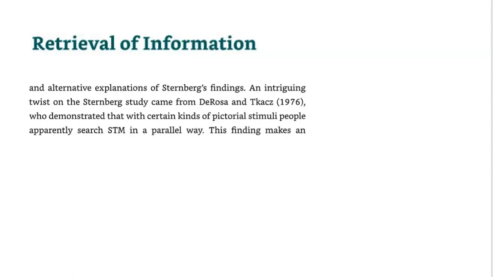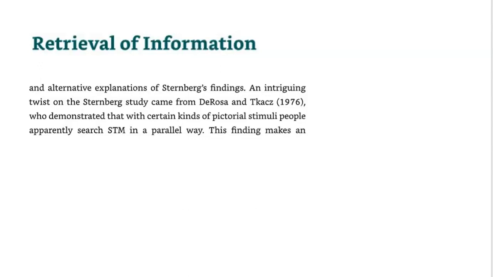An intriguing twist on Sternberg's study came from DeRosa and Kaz, who demonstrated that with certain kinds of picture stimuli, apparently it's more parallel. So if I'm attempting to retrieve a number or a letter, in that case, we're probably looking at a serial exhaustive search that keeps going because we can't stop it even past the point where we found it.